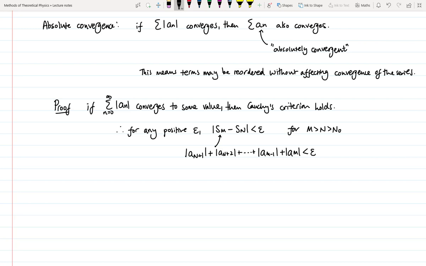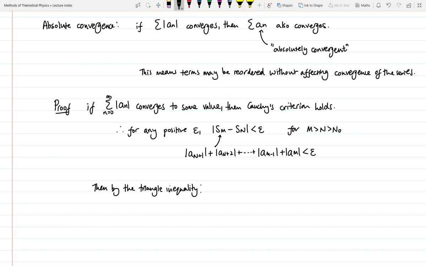We're now going to use the triangle inequality. So by the triangle inequality, the absolute value of the sum is less than or equal to the sum of the absolute values.